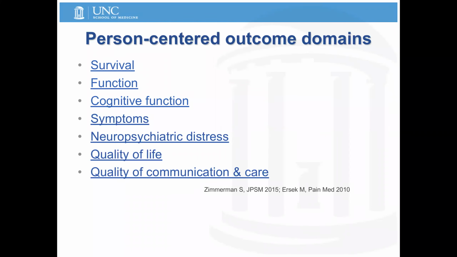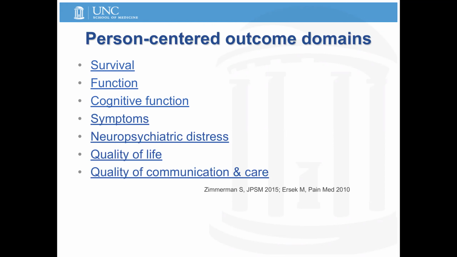So here's an example drawn from some work by a variety of colleagues of person-centered outcome domains for AD, ADRD clinical trials. Arguably, a trial could focus on the outcome of longevity, on survival. And that could be important to individuals living with this disease.